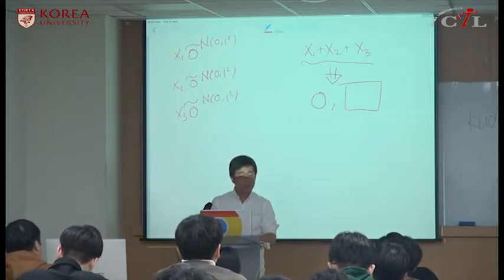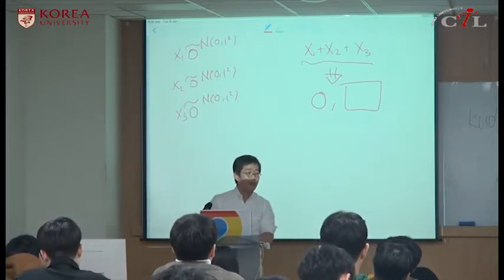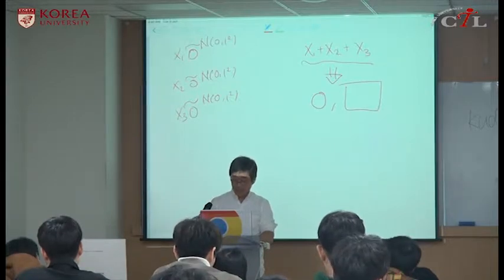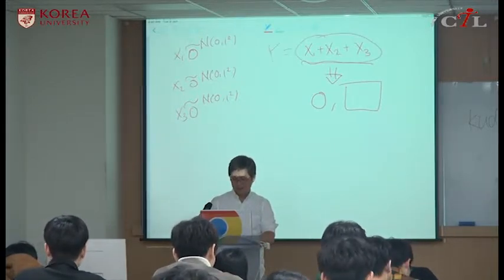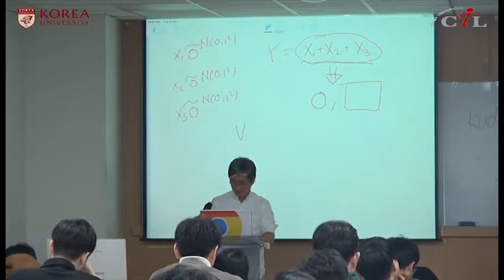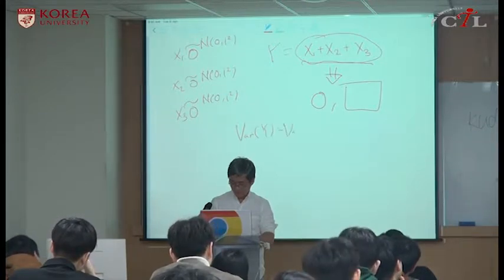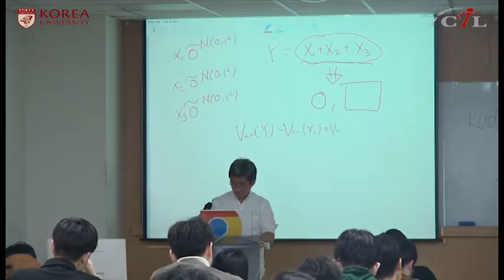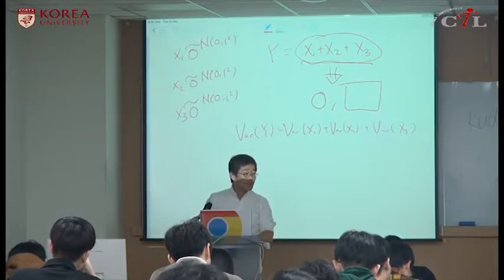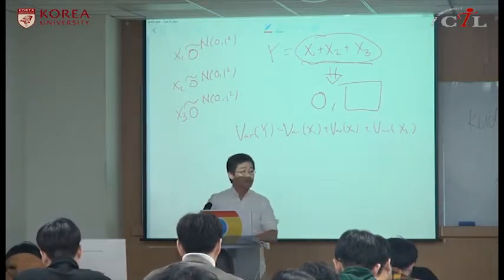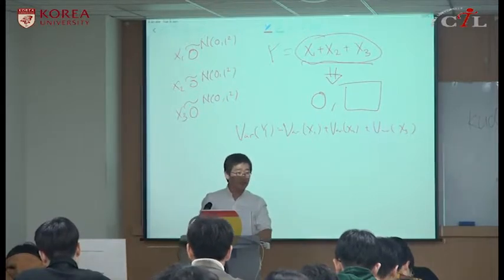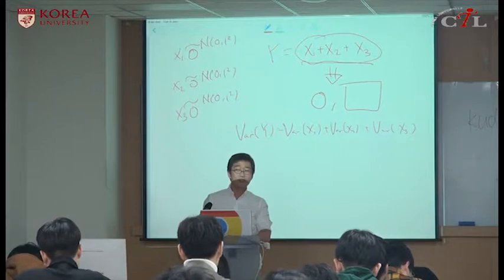If x1, x2, and x3 are statistically independent, then the variance of this output variable y, which is the summation of the 3, is represented as the sum of the variances of these 3 random variables, right? So this holds true when x1, x2, and x3 are statistically independent, okay?